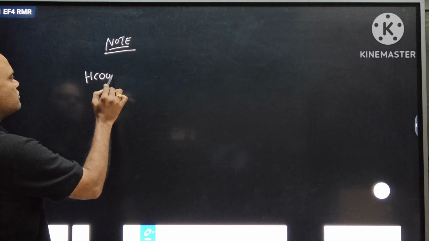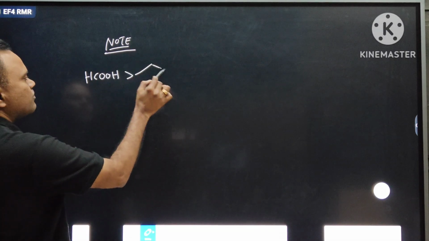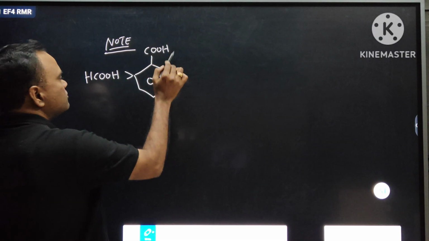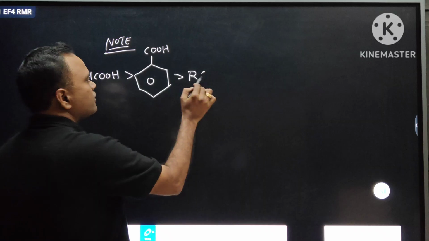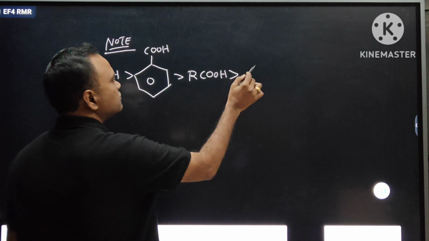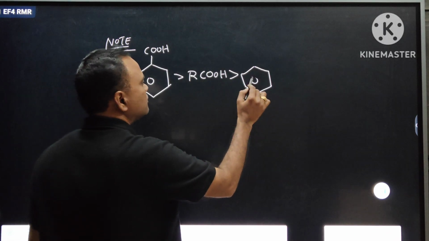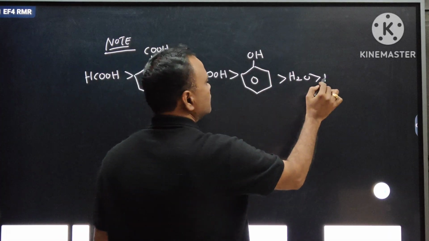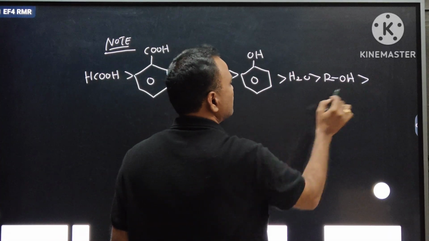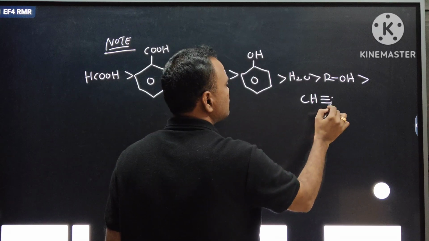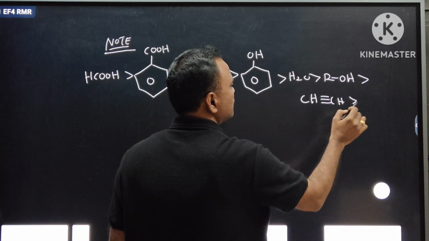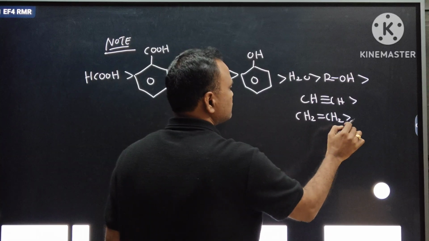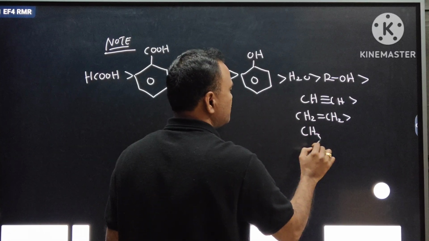Formic acid is more acidic than benzoic acid because of resonance. Then benzoic acid, aliphatic carboxylic acid, phenol, a very important order, then water, then alcohol, then alkynes. Alkynes also act as acids. Then alkenes and alkanes, the least acidic.